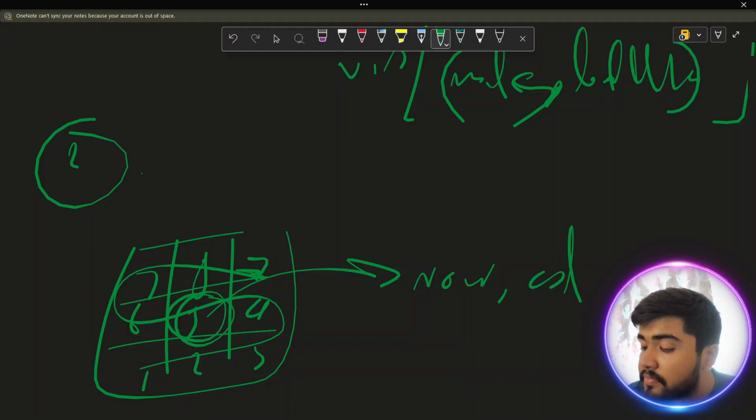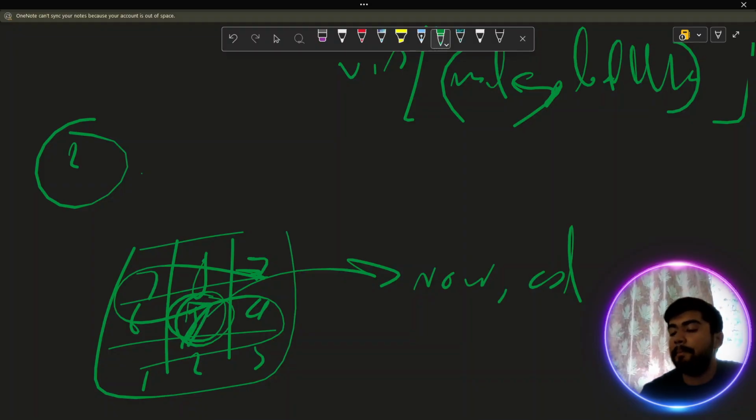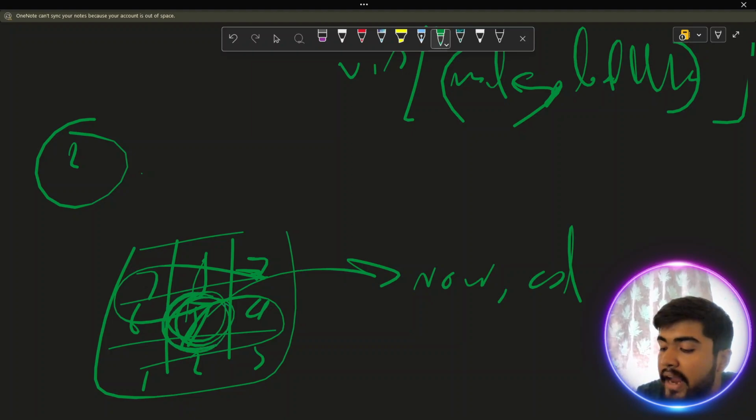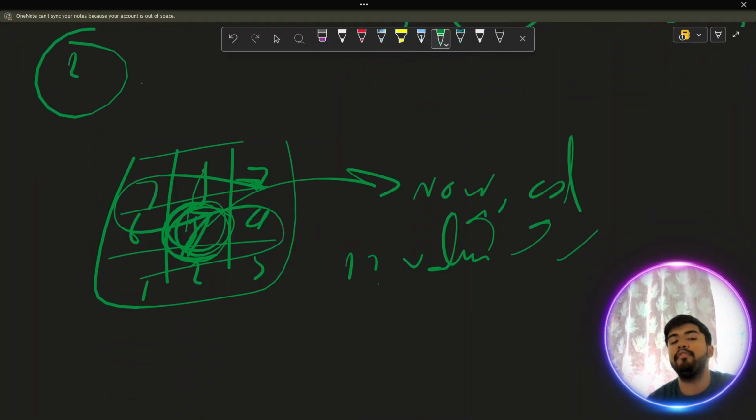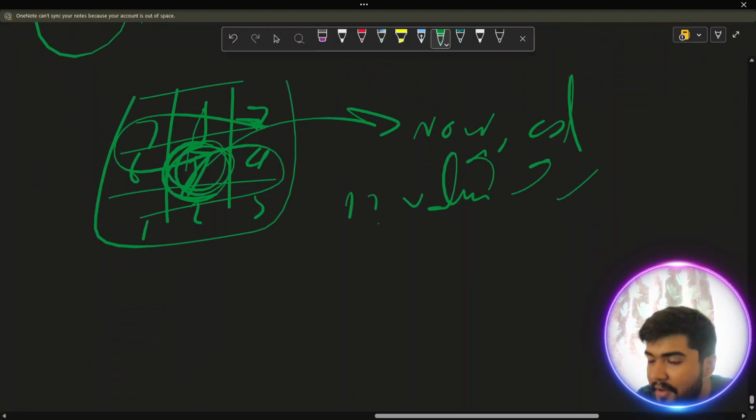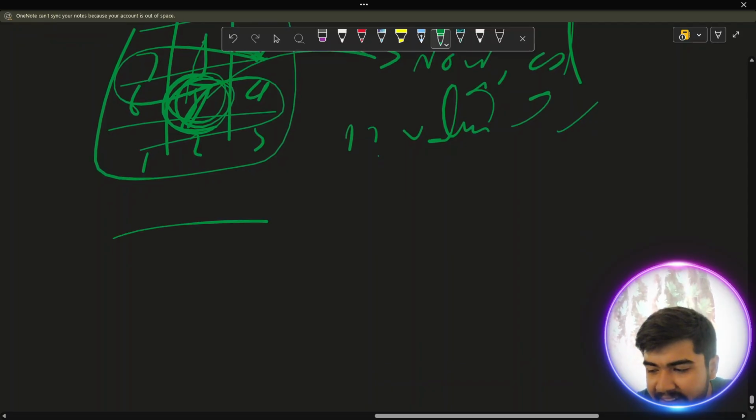If I am at board cell number 7, what is the value? To get it, we definitely need the row and column. So we have to derive a formula for that. The first thing, the row number calculation, is simple, or not?